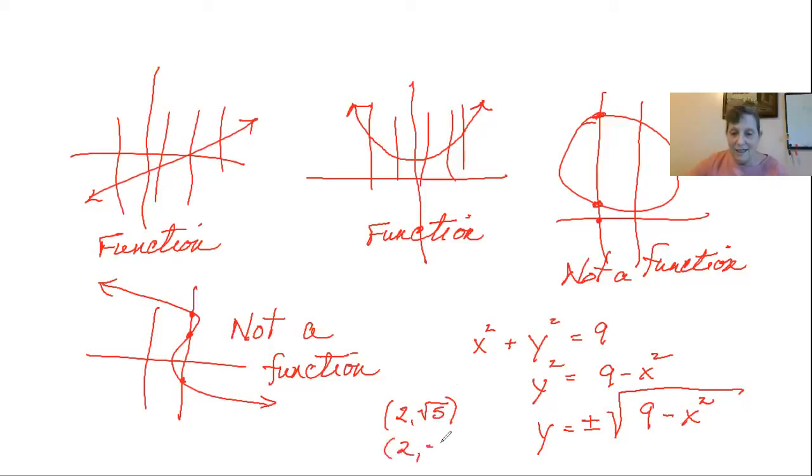And 2 and negative square root of 5, because of this, would be a second point. So the 2 has 2 values. So a circle is not a function. And if you recognize the equation of a circle when you see it, then you automatically know that's not a function.